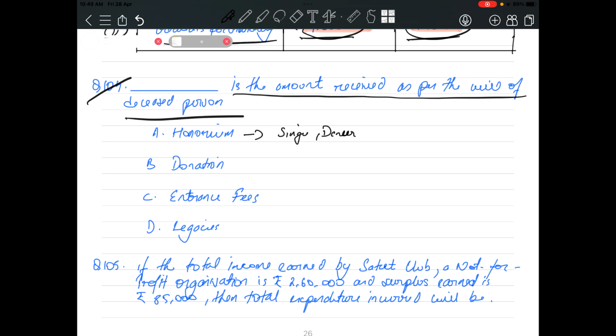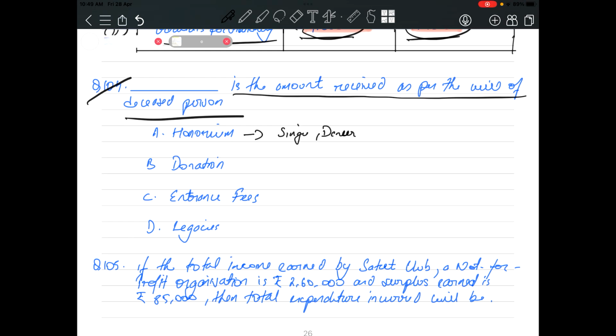Now if you want, you can write the definition of payment of honorarium. I will dictate, I will not write. It is an expense payable to a person for specific services rendered by him.